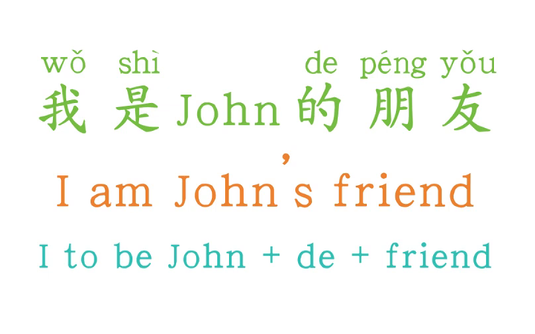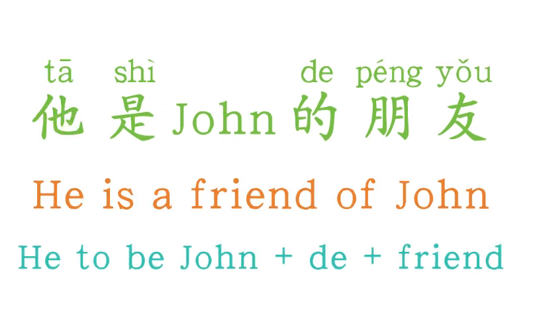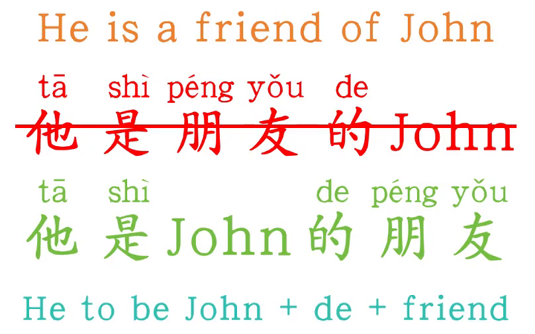For example, if you want to say, he is a friend of John. So in Chinese, the structure is just the same. We just say, 他是 John 的朋友.